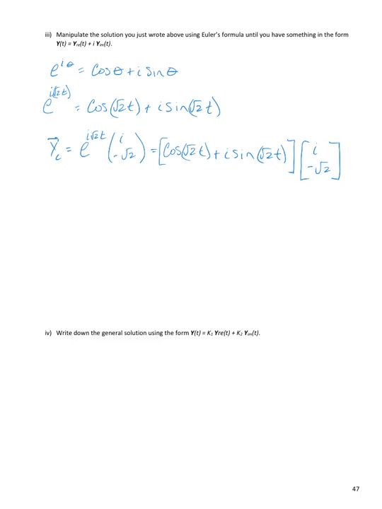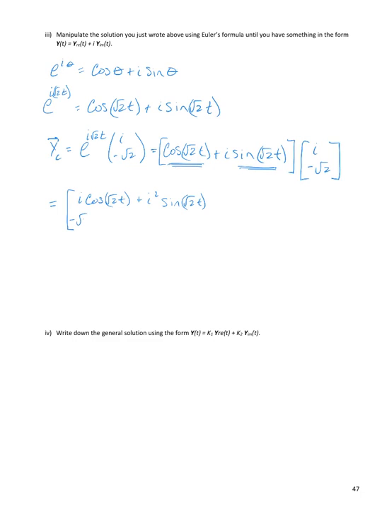Okay, I'm going to write this all as one big vector. So I need to multiply both terms here by i. So I'm going to have i cosine root 2t plus i squared sine root 2t. And then I have to multiply both of these terms in the second entry by negative root 2.